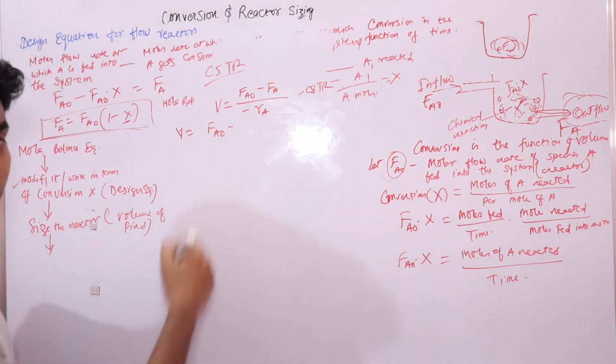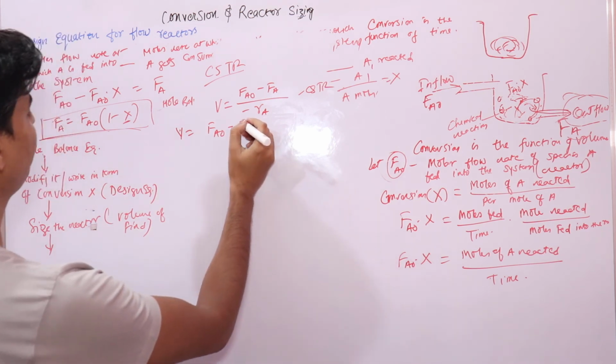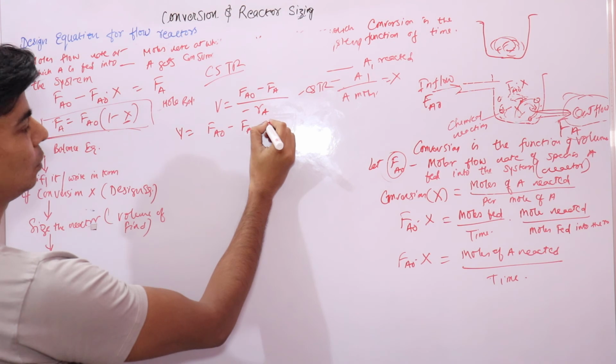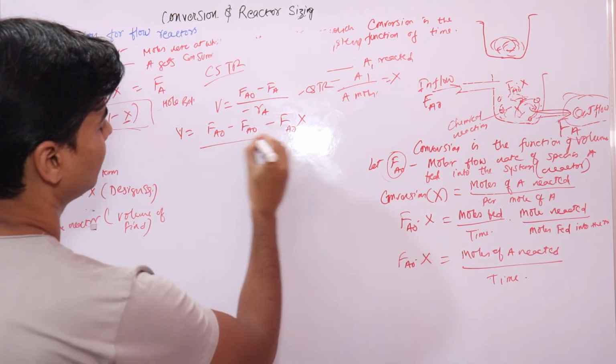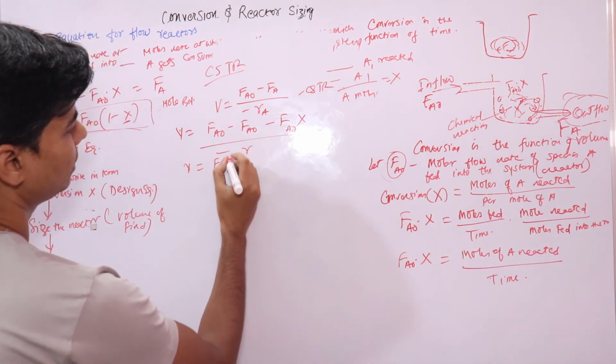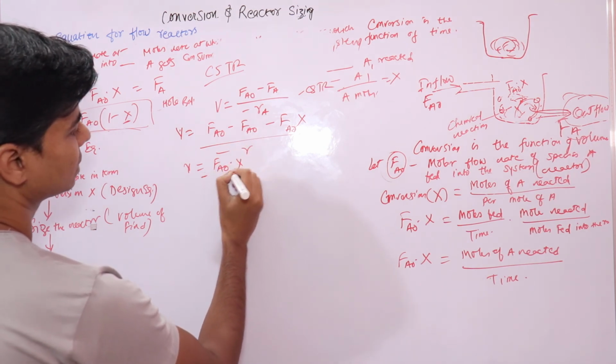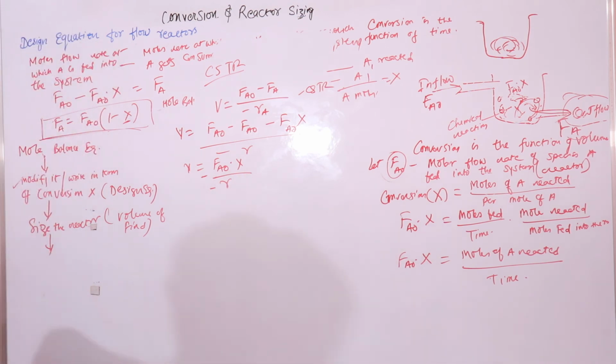I'll just substitute the value of Fa from this equation. It would be Fa0 minus Fa0 times x, upon minus Ra. It's simple, we just substituted the value of Fa from the design equation.